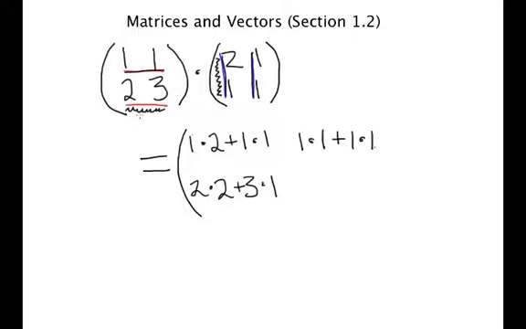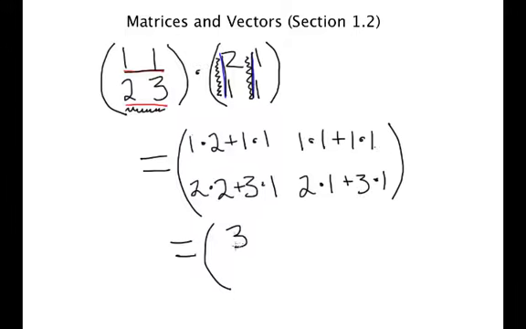And then finally, the second row times the second column gives 2 times 1 plus 3 times 1. And lo and behold, the answer is 2 plus 1 is 3, and 1 plus 1 is 2, and 4 plus 3 is 7, and 2 plus 3 is 5.